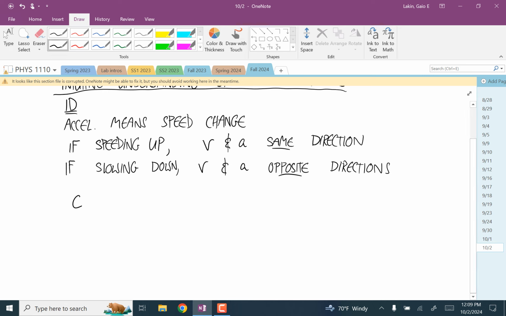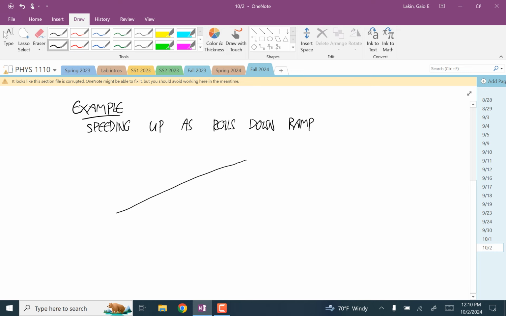So for example, if an object is speeding up as it rolls down a ramp, so let's say here's the ramp. Let's say the object is a toy car. It's going down the ramp. It's speeding up. So what can we say about the directions of the velocity and the acceleration?